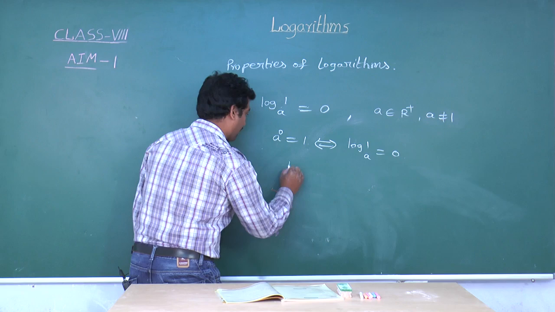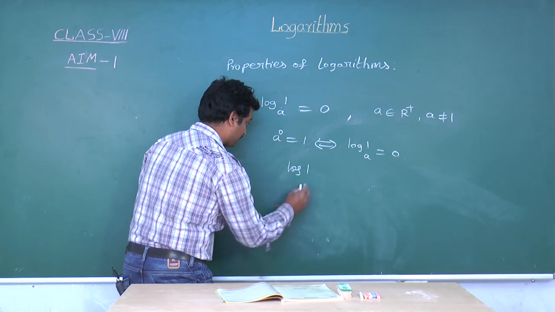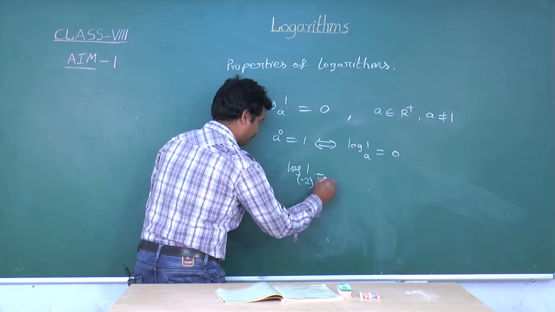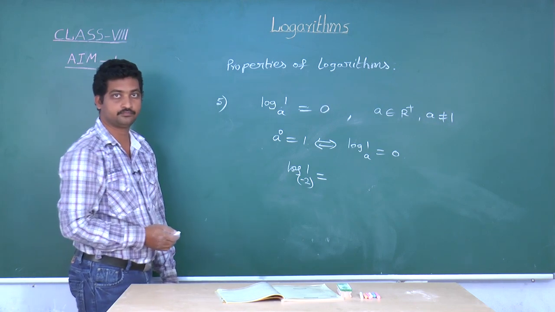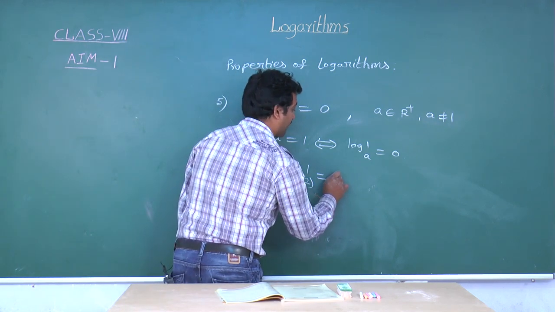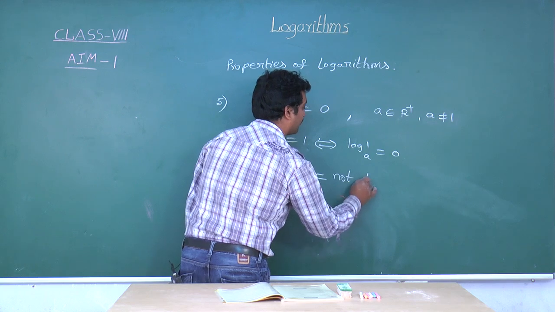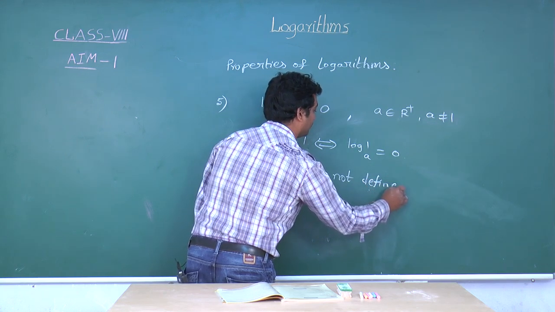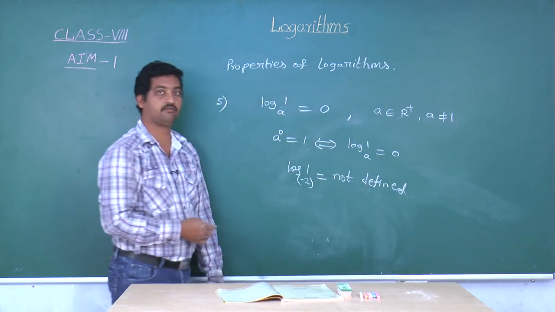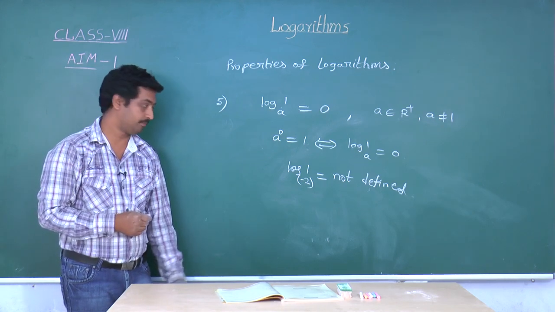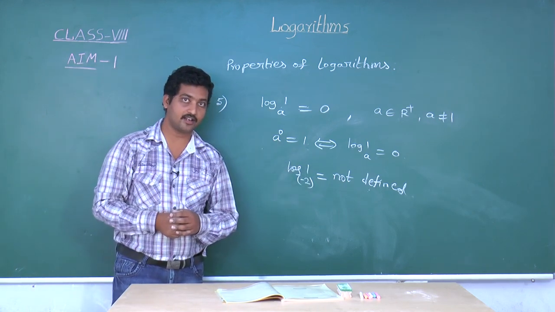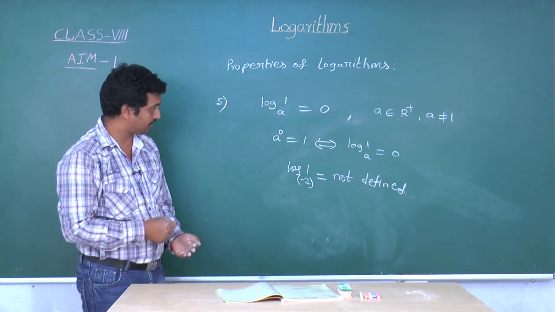Children, what is its value? Log 1 to the base minus 2 is equal to... not defined. Why? Why is it not defined? Why doesn't it take 0? Because the logarithm of unity is there, no?